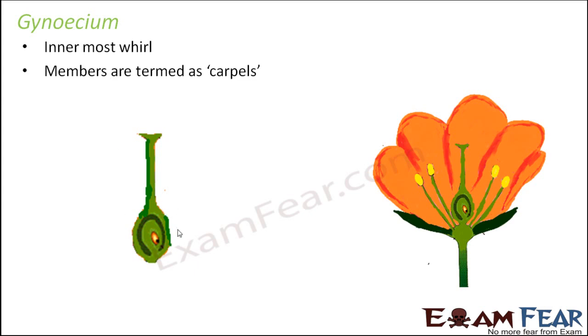There is a swollen base, and this swollen base is the ovary. Then there is a tube-like structure like this, which is known as style, and then the upper portion of the style is again a little swollen when compared to the tube, and this upper portion is called stigma. So stigma, style, and ovary are the three important parts of a carpel. This is how a carpel looks.